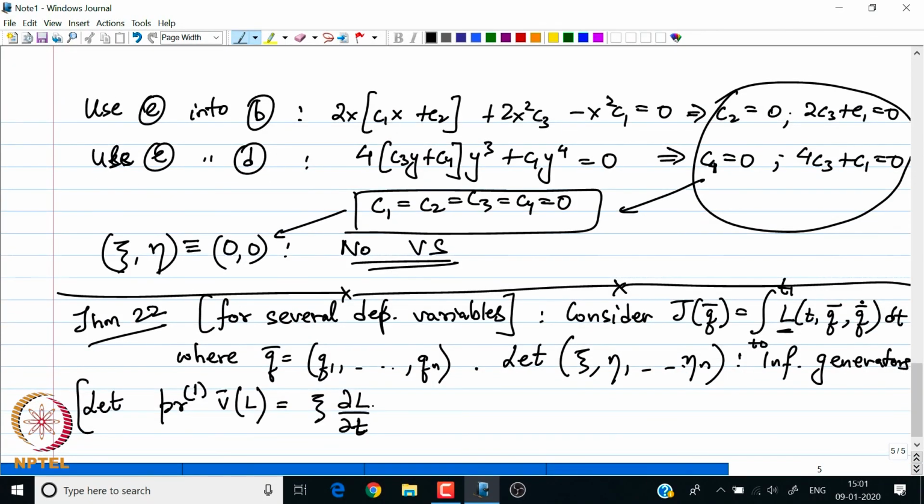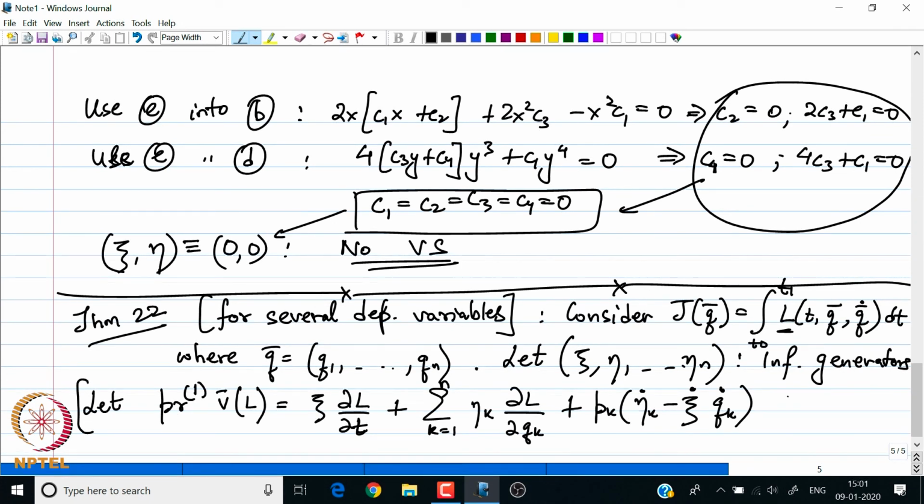So the operator becomes as follows: plus, since we are working in several dependent variables, the sum over k from 1 to n of eta k del L del q k plus p k times (eta k dot minus xi dot q k dot).